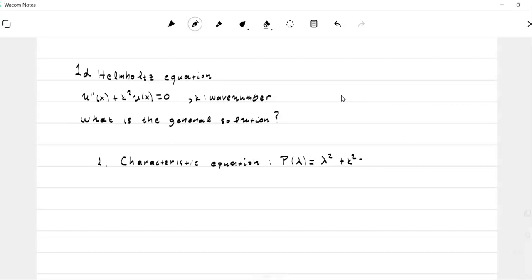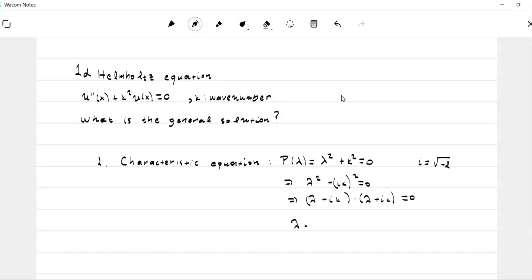And I have to solve this equation, so I take it equal to 0. This can be written as lambda squared minus (ik) squared, where i is the square root of minus 1. So from here I have lambda minus ik times lambda plus ik equals 0.